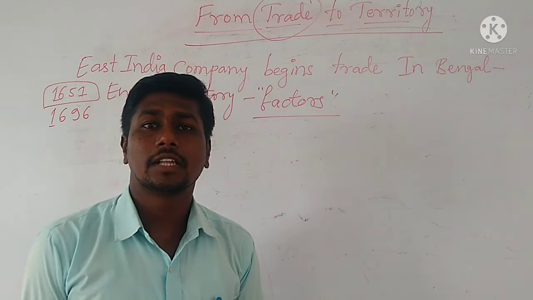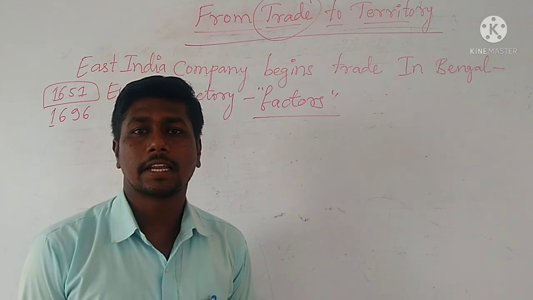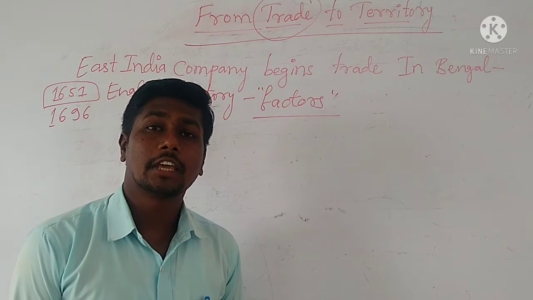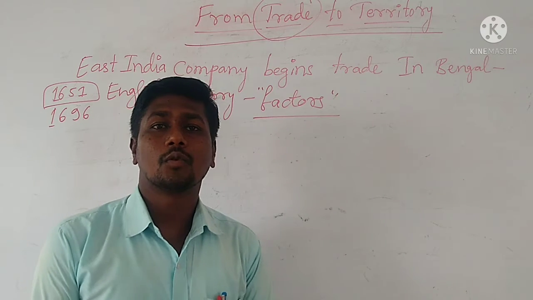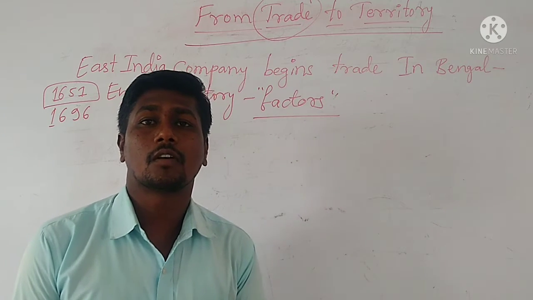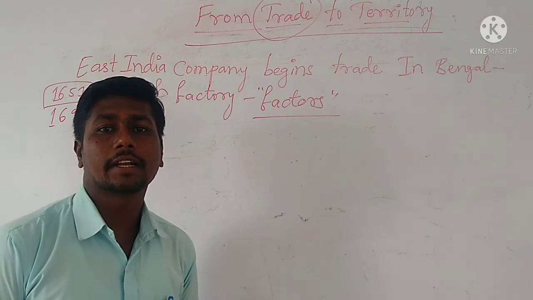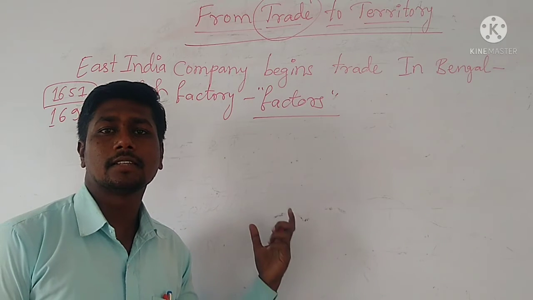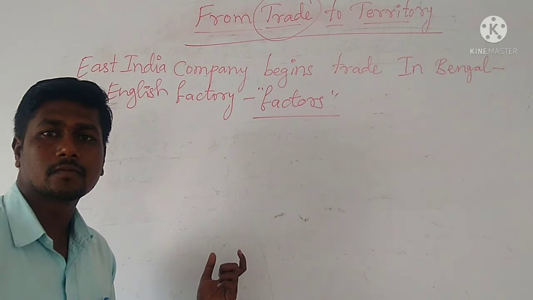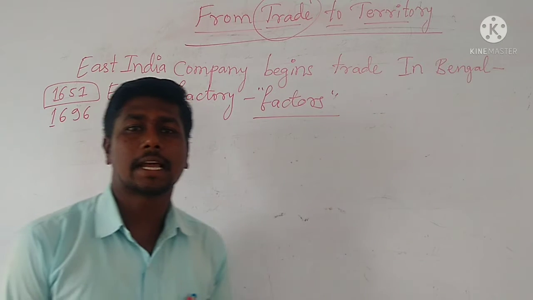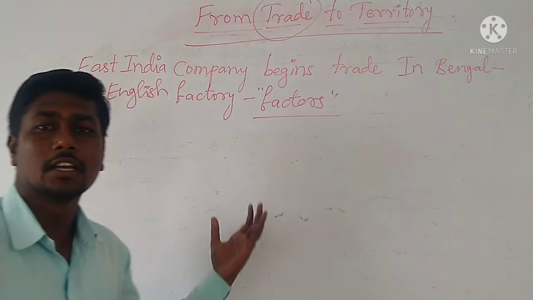These factors ran the factory, and this factory had a warehouse where goods of export were stored. Warehouse means what we commonly call godowns, correct? And this factory also had offices where company officials sat. Various officials used to sit in this factory.